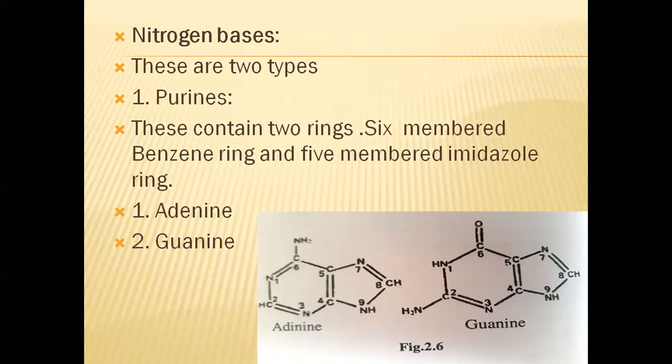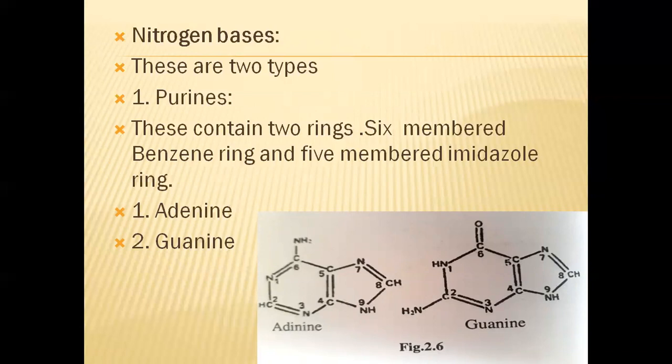So why are these called bases? Because they exhibit basic property. That's why these purines and pyrimidines are called bases. Purines are made up of two rings.